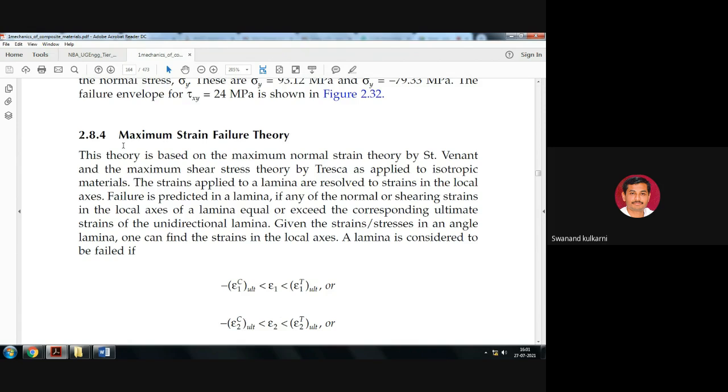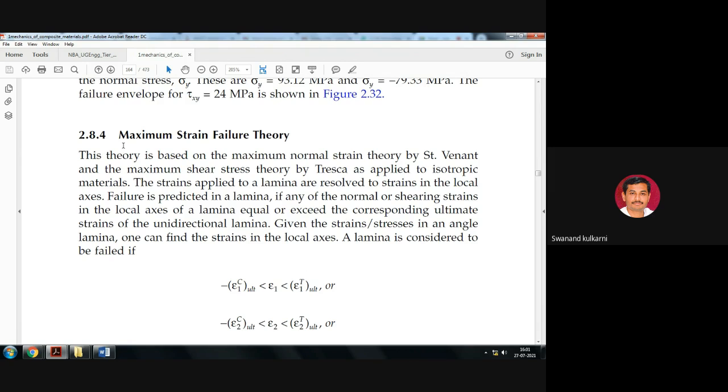Then let us come to the next concept, the maximum strain failure theory. Initially we were studying the maximum stress failure theory, but now it is the maximum strain theory. As far as the maximum strain failure theory is concerned, the same kind of set of equations which was used for the maximum stress theory is once again used here.